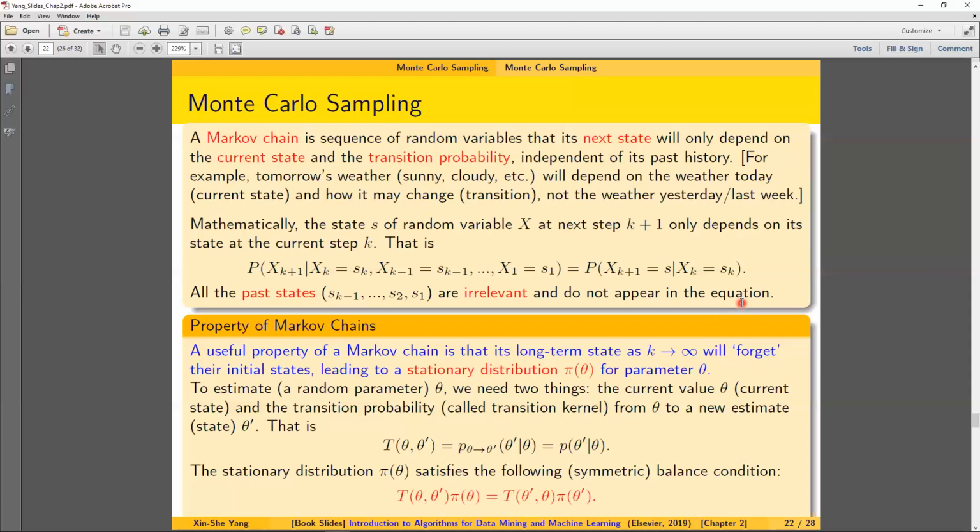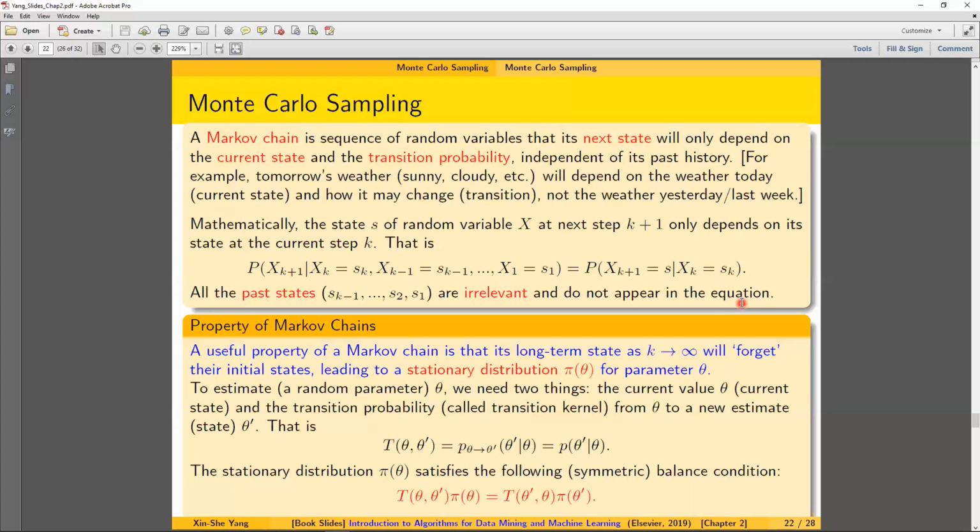This is one property. So in order to estimate that random parameter theta, we need two things. One is the current theta, and the second thing is transition probability. We also call this transition probability the transition kernel from theta to a new estimated state, which is theta prime.